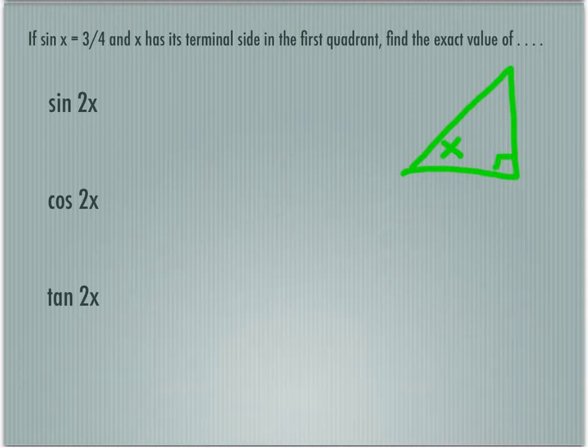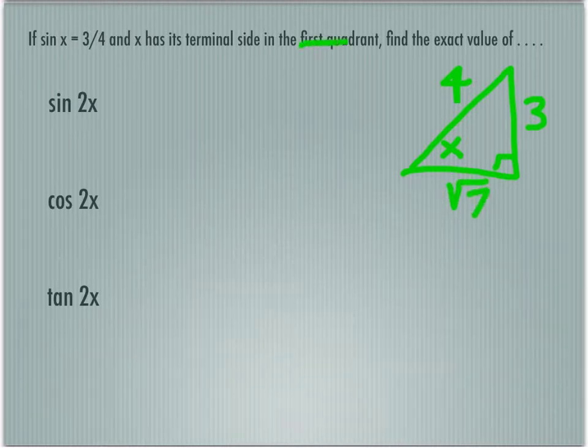We'll pretend it's a right triangle. So sine is 3/4. Sine is opposite over hypotenuse. Now we need to figure out the other side. Using the Pythagorean theorem, 4 squared is 16, minus 3 squared is 9, so 16 minus 9 is 7. And so this missing side will be the square root of 7.